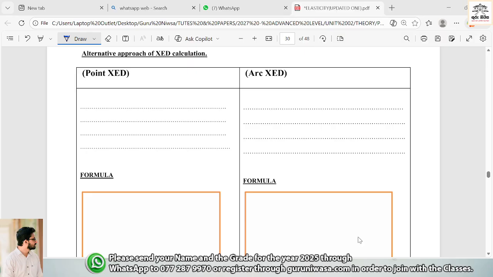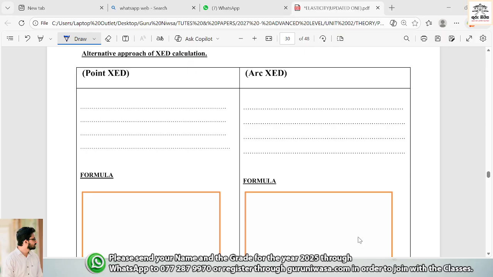Yeah, that point is perfect. It's complete. Remember, point XED is used when the percentage change in price, or the percentage change in the numerator, is less than 10%. It is relatively low.